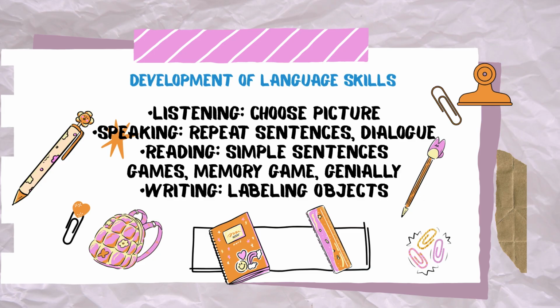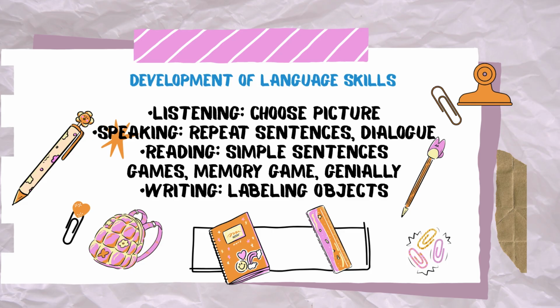Then we move to speaking. Students repeat the vocabulary and simple structure, and they also practice a short dialogue with a partner. This gives them confidence to produce English for the first time.